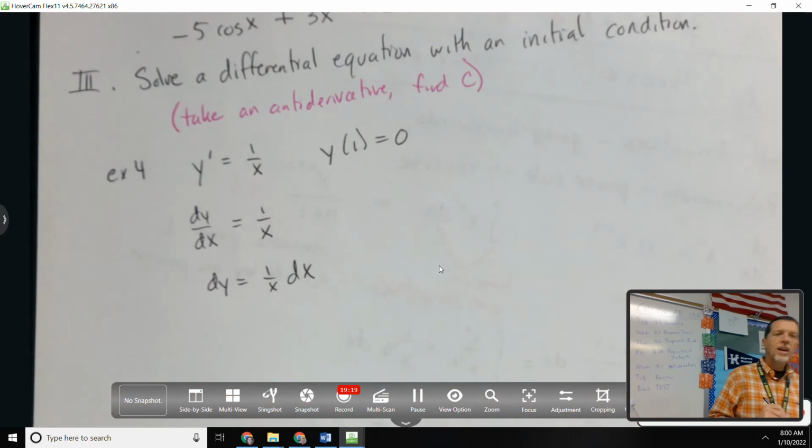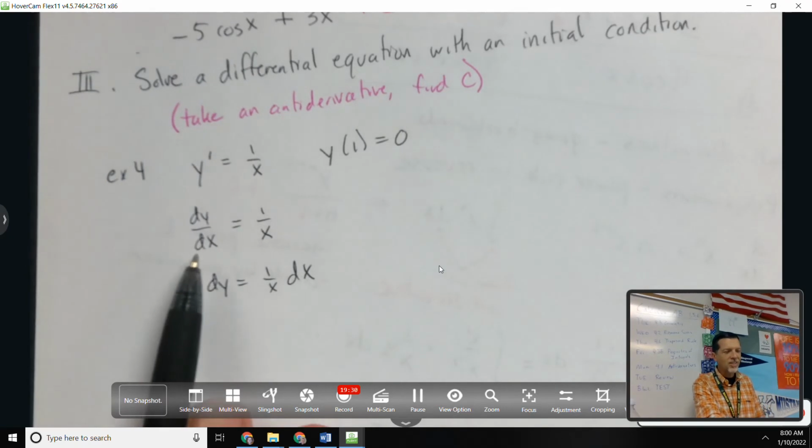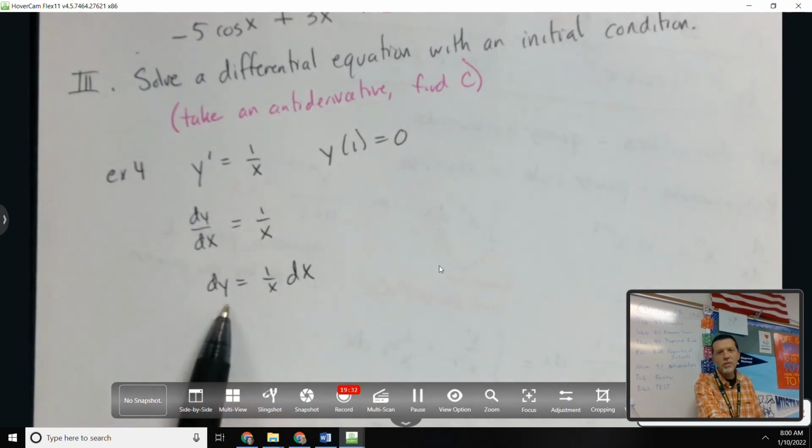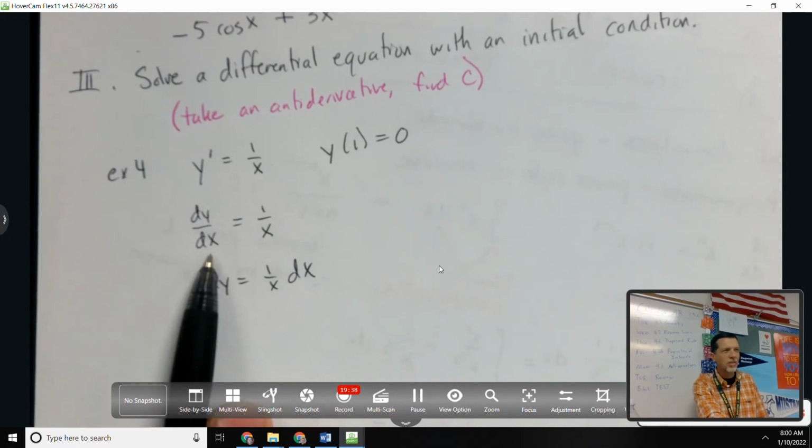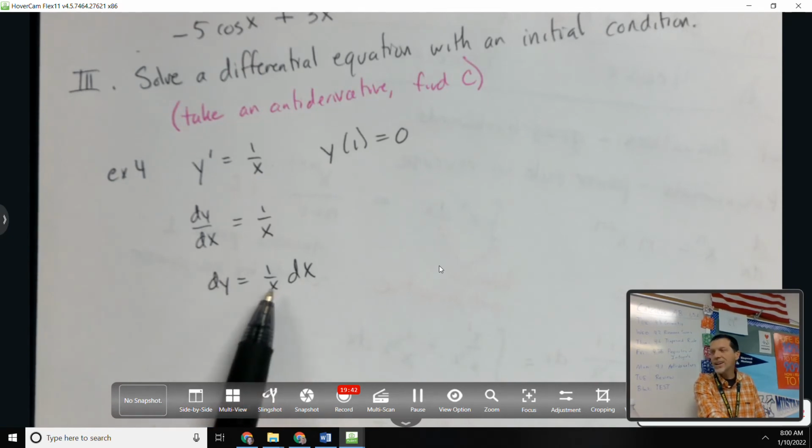I just separated the dy dx. dy dx is not a fraction. This comes up in our Facebook fun group once in a while. How to say this precisely. dy dx is not a fraction, but you can treat it like a fraction. And that's the simplest way to say it. dy dx represents a derivative, represents a slope. It's not a fraction, but you can kind of act like it is.